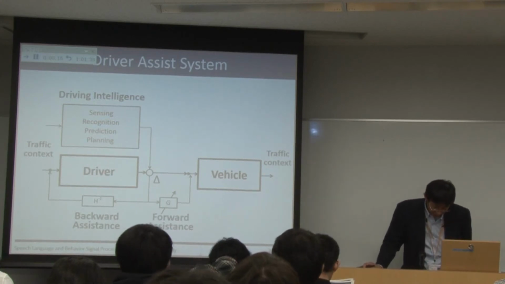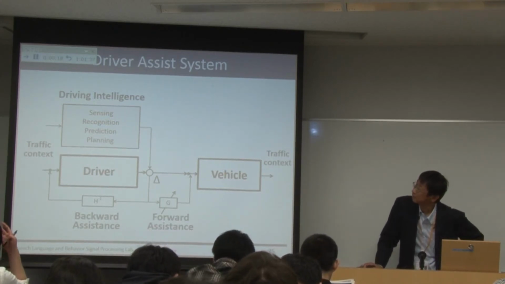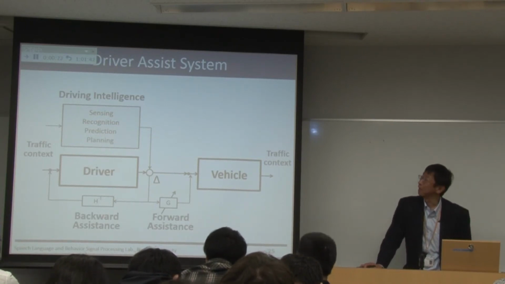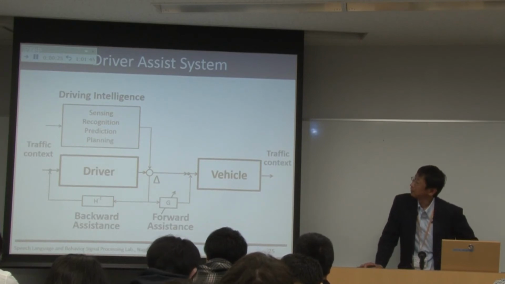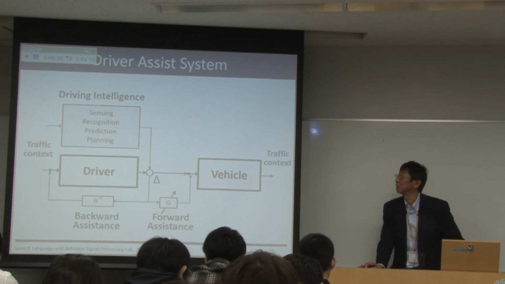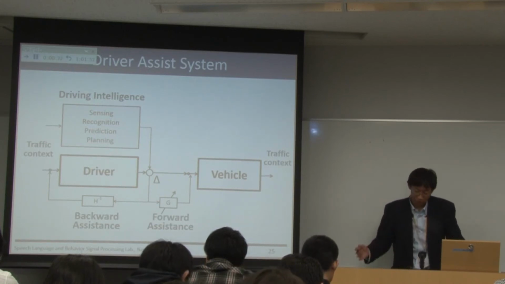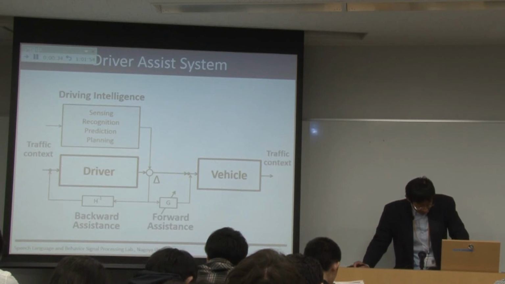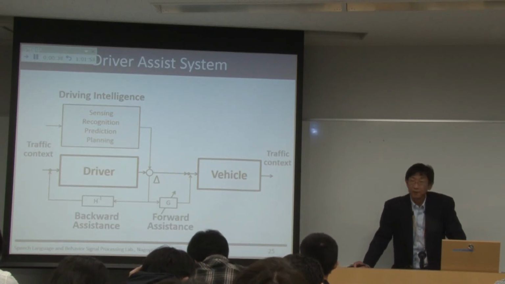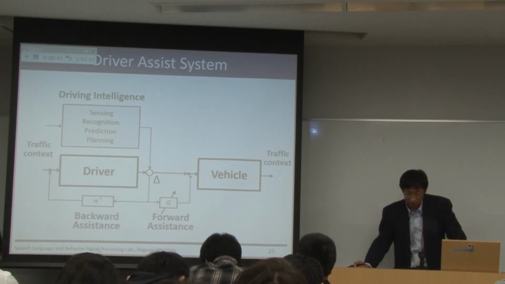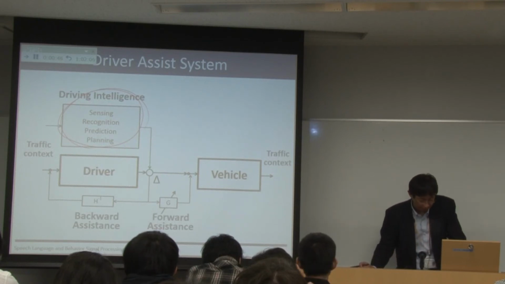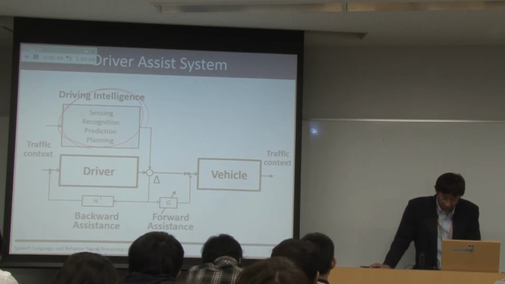But it requires intelligence to assist the human driver, because without a good sensing system, good predicting system, or good planning system, we cannot show what would be the optimal operation under the given context. Building this is currently the biggest issue of our research group.